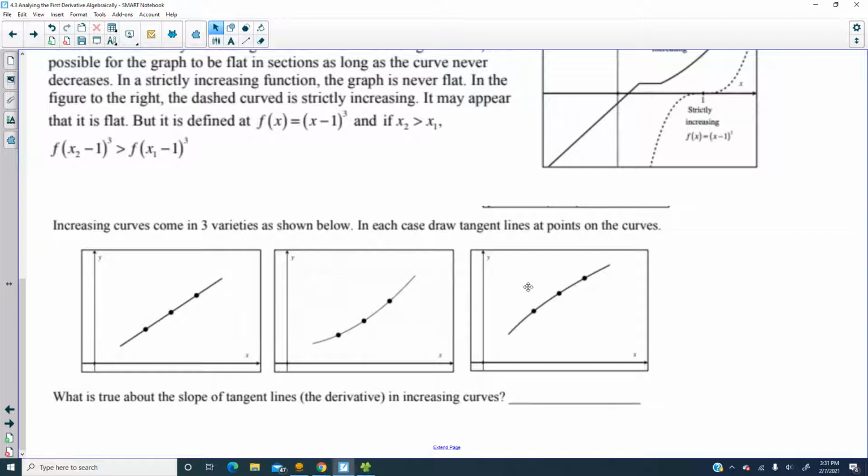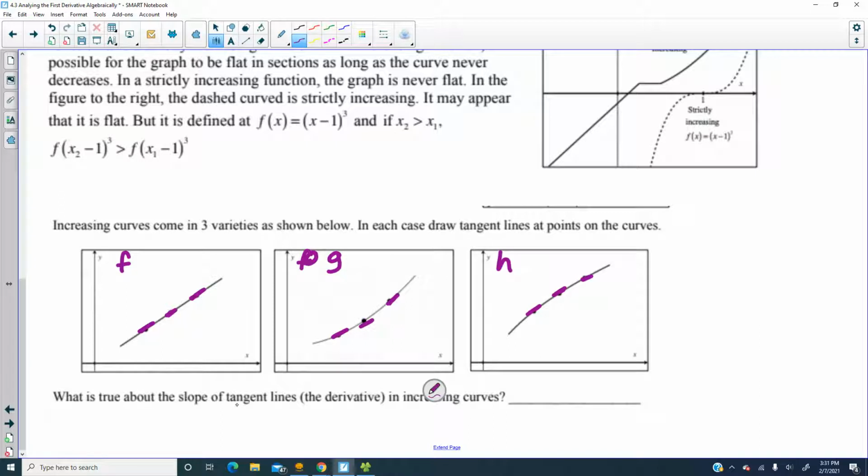What's true about the slope of the tangent lines in the increasing curves? So just take a note, in all of these, these are all functions, the original function. Well, I should probably name them different names. But the tangent line at this point, the slope of the tangent line, if I draw little tangent lines on each individual point, all of these slopes of each tangent line, they're all positive.